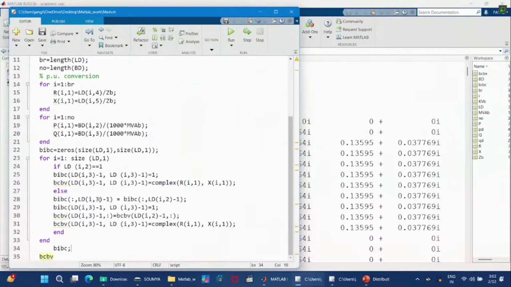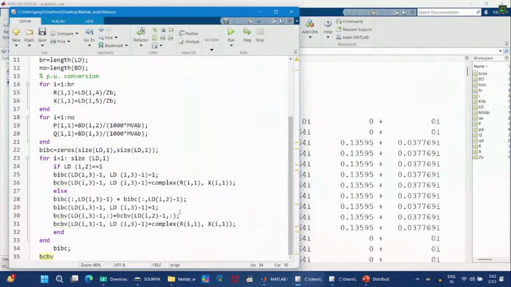Here you may see 3 minus 1 is equal to 2 minus 1, line data of 2 minus 1, and we can develop the logic this way. Similarly for the BCBV matrix also we can carry it out.